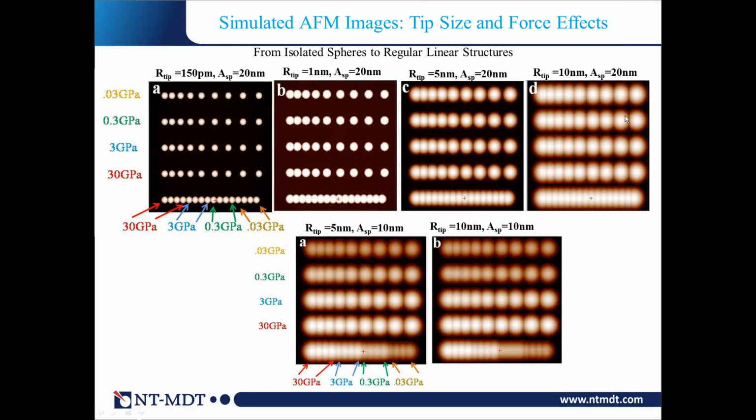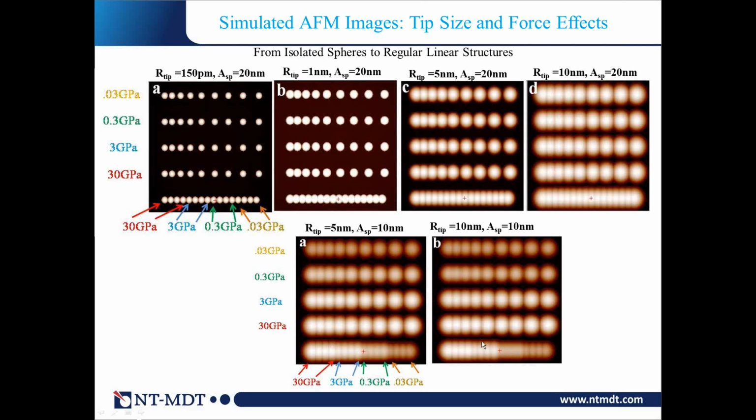But you see that with the force you start to see the effects related to the stiffness of the individual spheres. Here on the left, they are stiff and deformed less, and then the small spheres on the right are more deformed, and that becomes a more complicated profile, which does not reflect topography anymore. This is a mixture of topographical and local mechanical features.